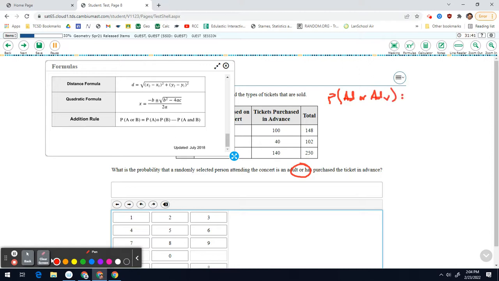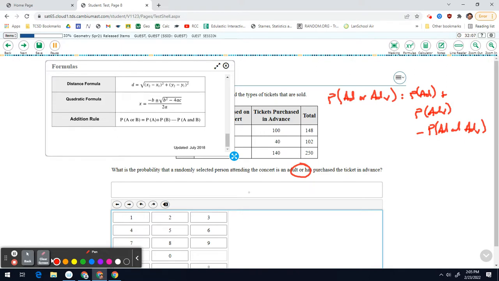Equals the probability of A, the probability of being an adult, plus the probability of B, of buying an advance ticket, sorry about running out of space, minus, and we're going to subtract them both together, the probability of being an adult and buying an advanced ticket. Okay, so again, I wrote this terribly. It should be left to right, right?